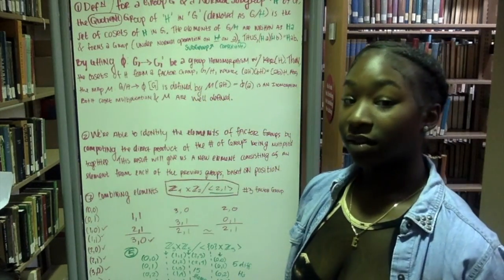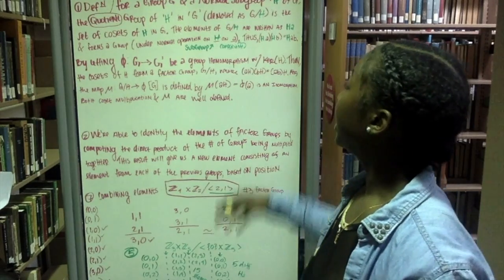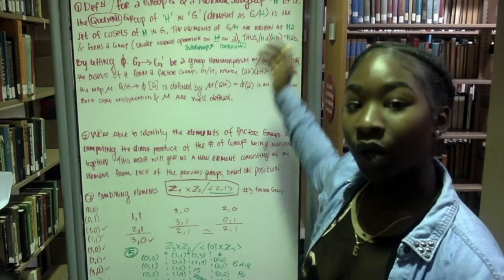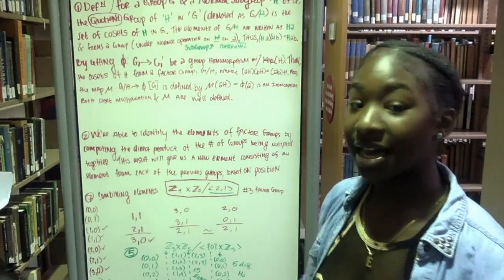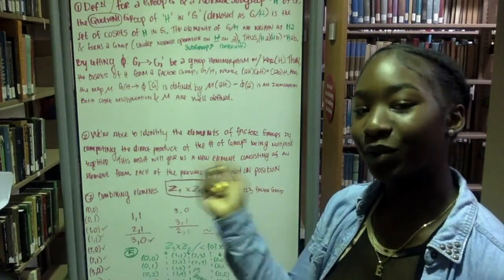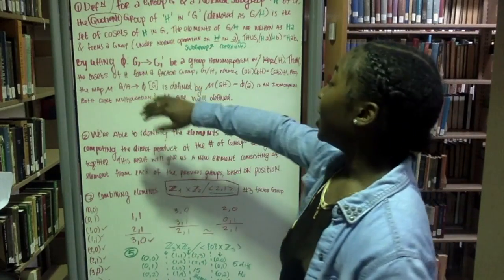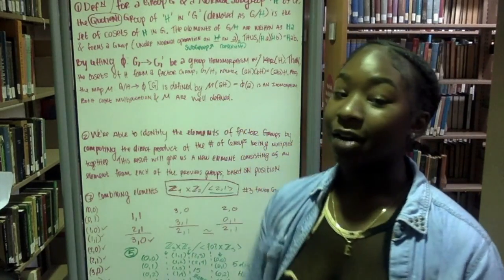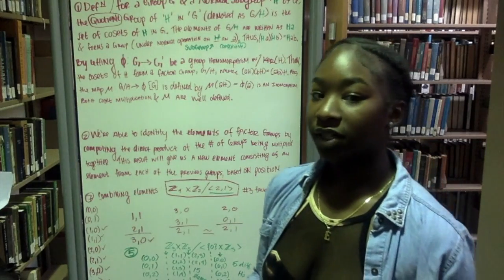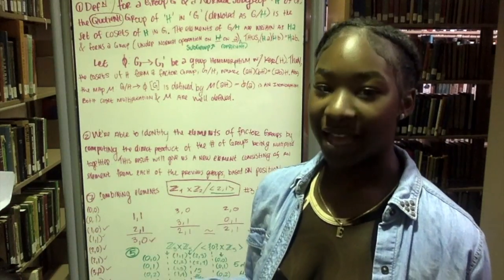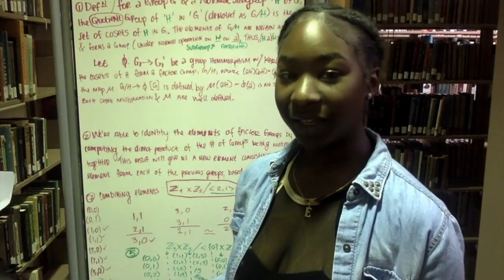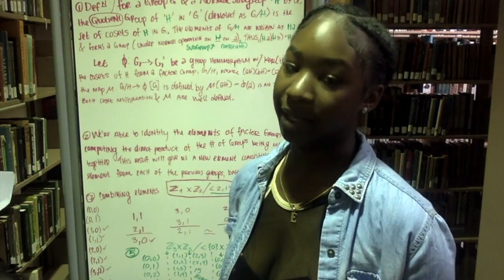The elements of G factor H are written as H times a, which is our subgroup H times an element a that comes from our group G. That forms a group under the normal operation. Thus, we have Ha times Hb, which gives us Hab.